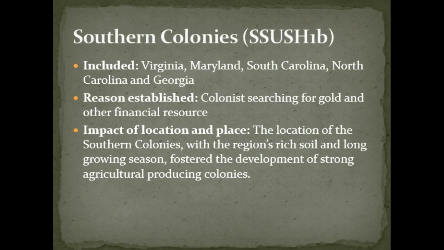And in places where they didn't find gold, they found other resources they could use in order to make money. The impact of location in the South, they had rich soil, longer growing seasons, which is going to allow them to grow things, use agriculture in order to make a profit. You just need to know the key is that the southern colonies wanted to make a profit.